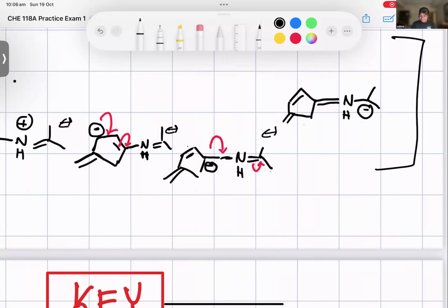Nice. And don't forget the positive charges for all of the nitrogens, because the nitrogens would be positively charged throughout everything.